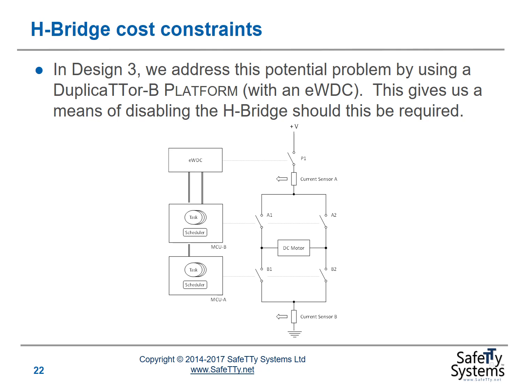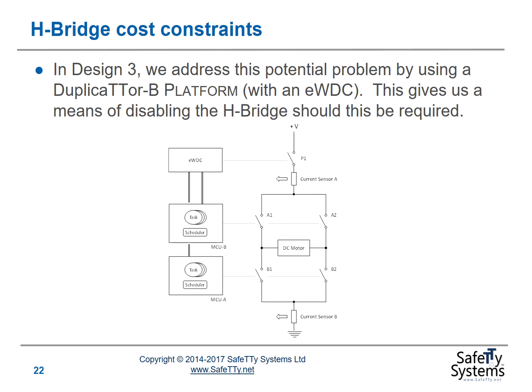So in design 3, we're assuming that we have an external watchdog controller, and that for this to be operational, it requires a dynamic signal from both MCU A and from MCU B. Without the dynamic signal from both of these microcontrollers, the EWDC won't function and this switch will be opened.